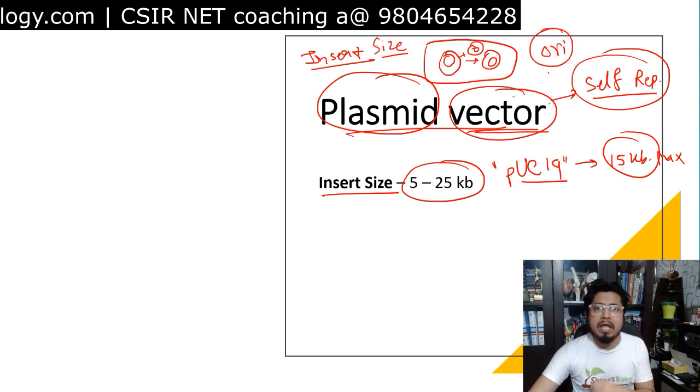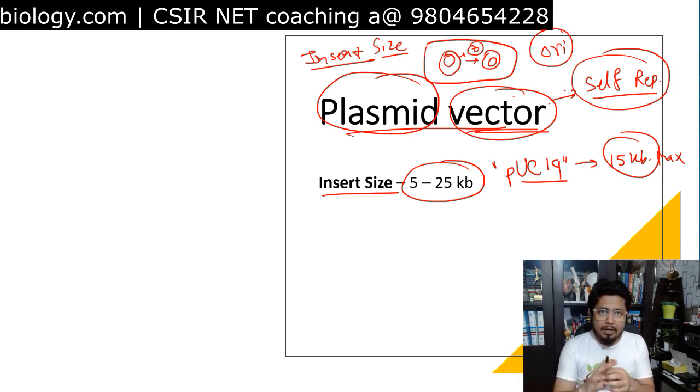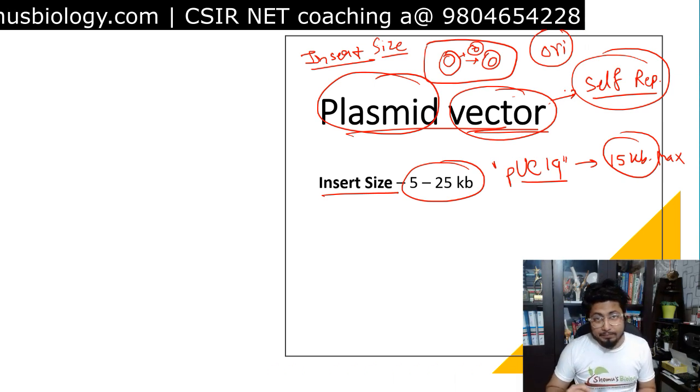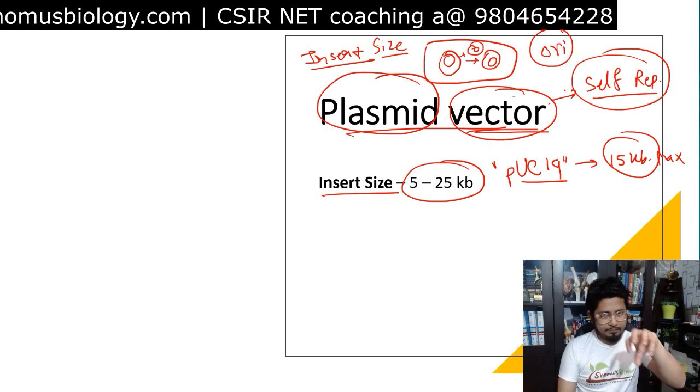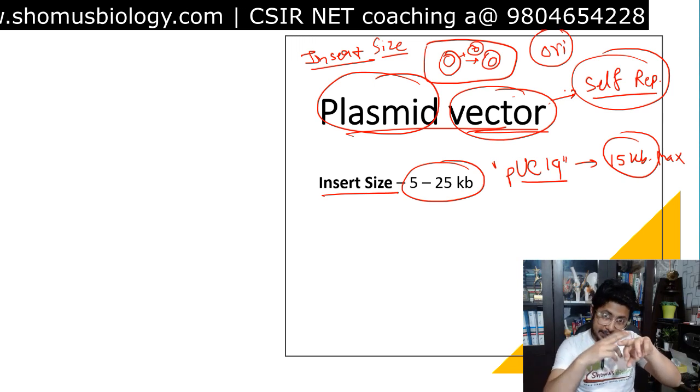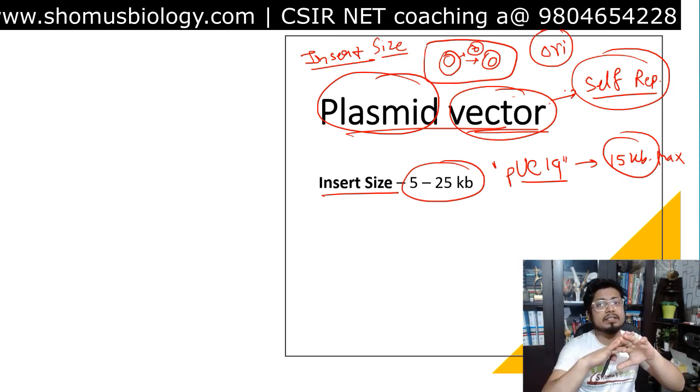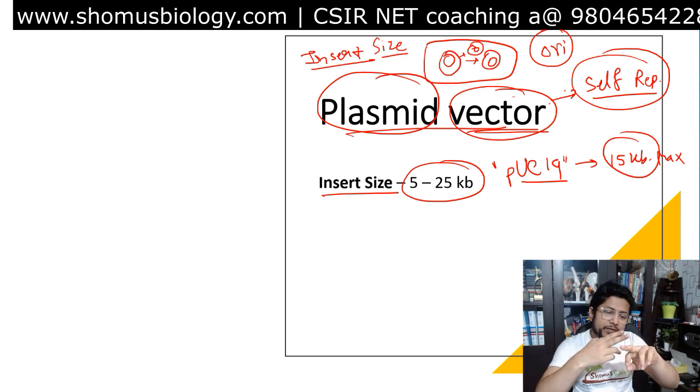It must have that. And also, after we insert the target DNA, we know that there are vectors and we cut the vector at a particular part and then we insert the target DNA. For that we need a cut site.